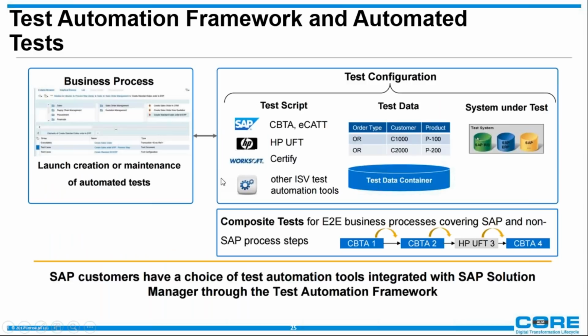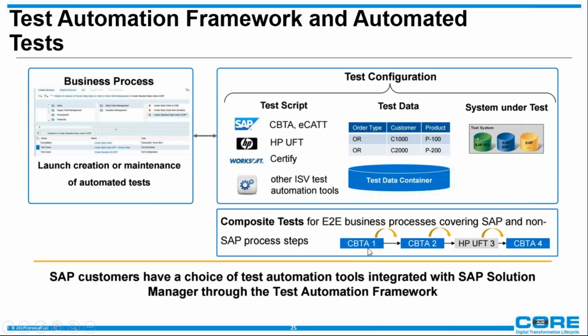So after we launch the test composition tool, this shows it a little differently: business processes, and then the test configuration includes test script, test data, system under test, and test data containers. The composite test is many test configurations in an end-to-end scenario.